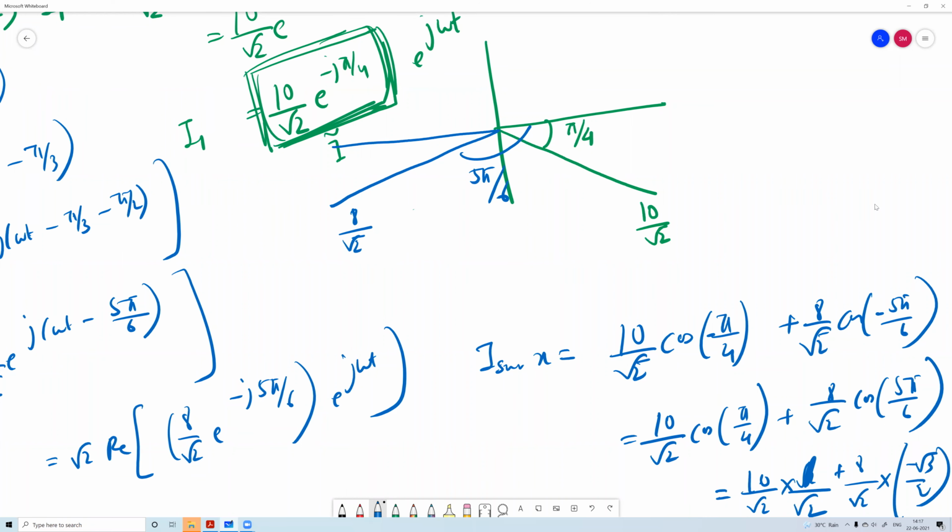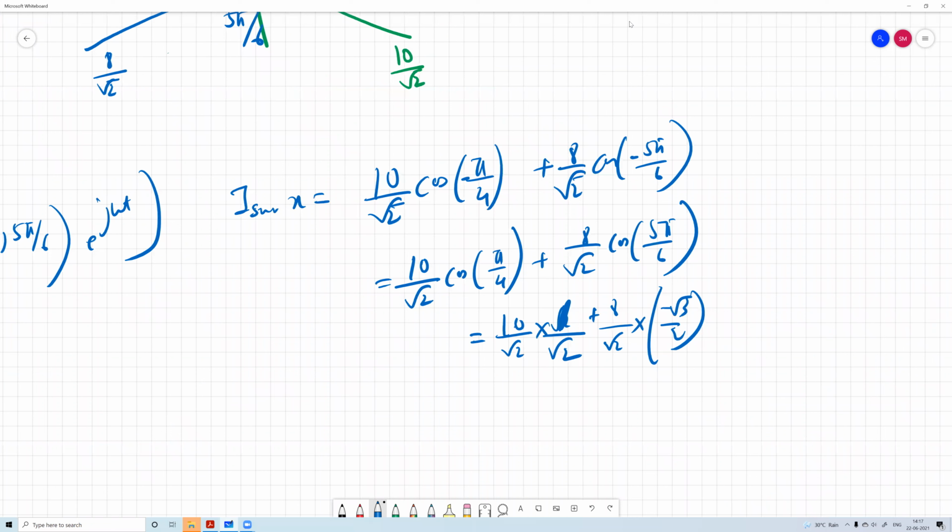So this would be 10 by 2 minus 8 root 3 by 2. So that is 10 minus 8 root 3 by 2.